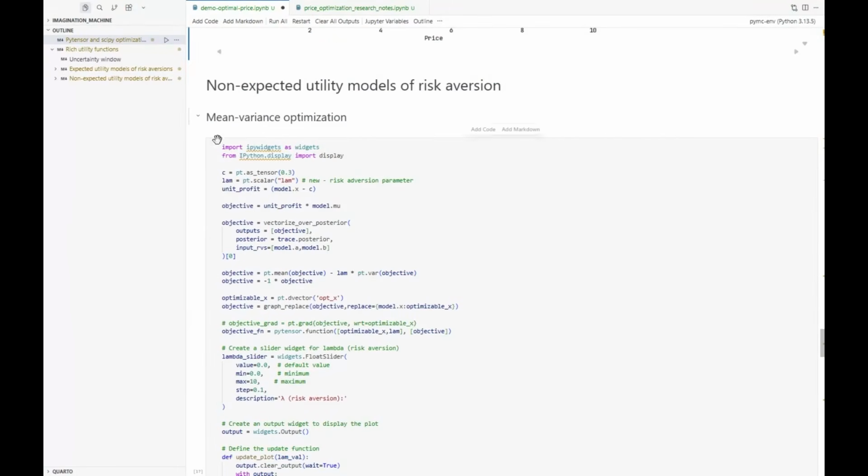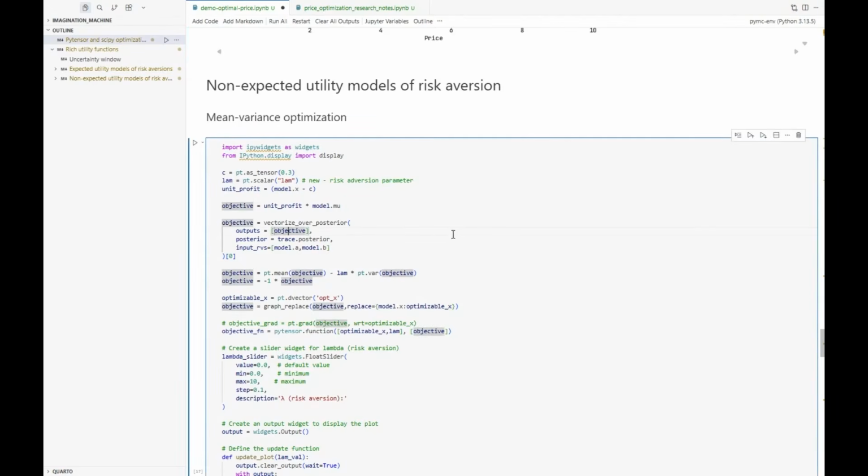So there's this popular technique in financial economics or mathematical finance called the mean variance function. And it's really nice. You take the average of your utility, and then you subtract some adjustable parameter times the variance. Intuitively, it's a penalty for large variance solutions.